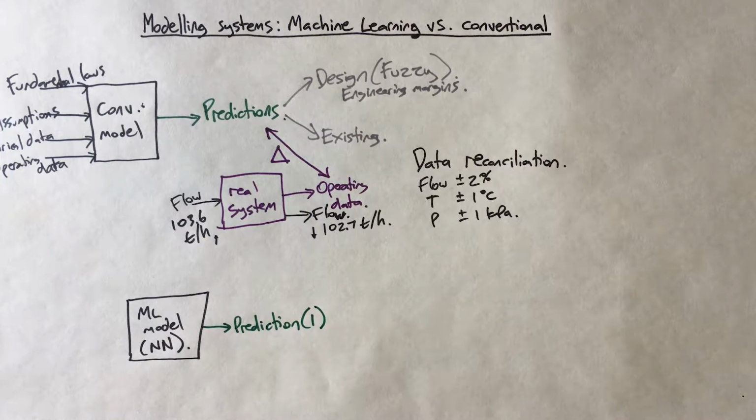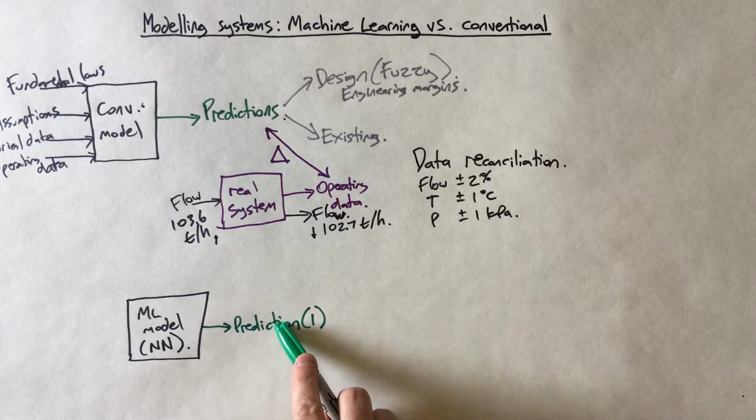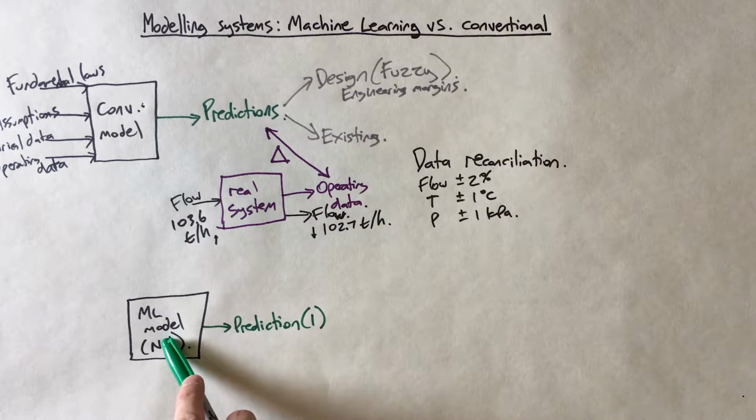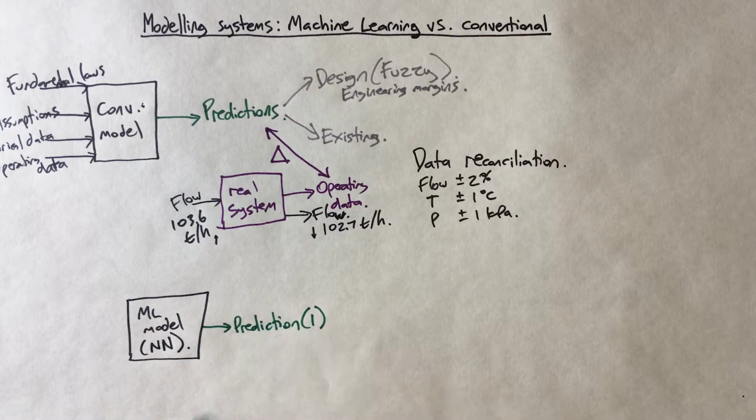So it could be predicting an energy consumption, it could be predicting a production rate, or something like that. And for every prediction that you want to make, you need to build another machine learning model. So if you want to predict 10 different things, you build 10 models. They might all use the same source of data, but you'd have to build 10 models.